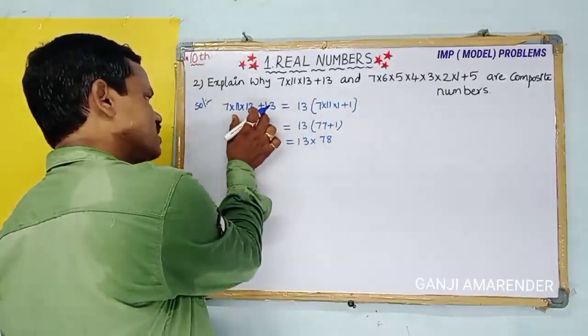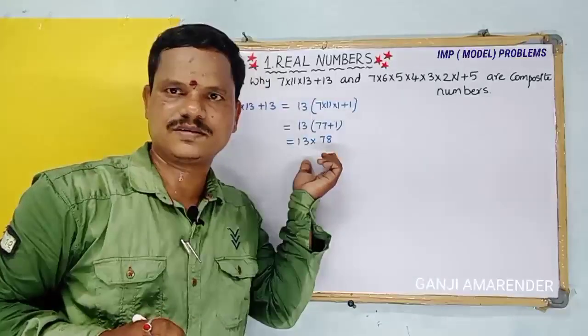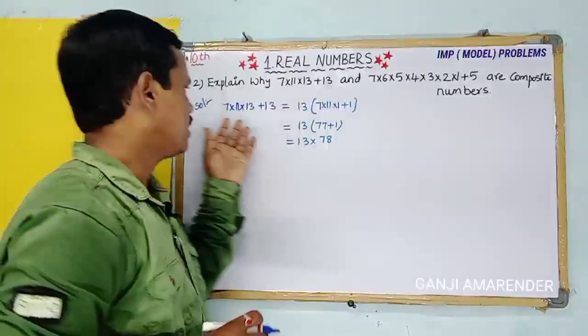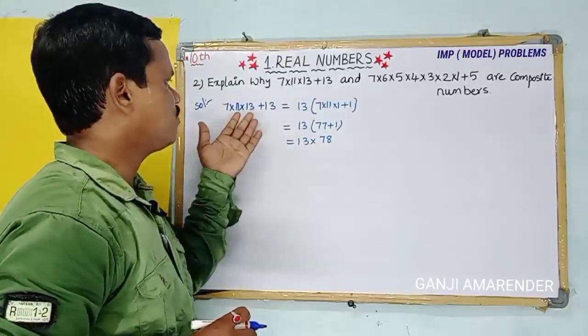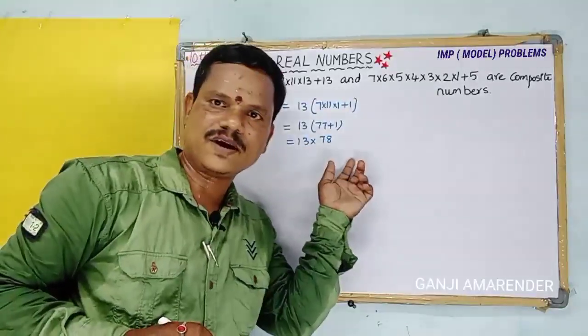So this number has more than 2 factors. Okay, here 7 into 11 into 13 plus 13 has 13 as a factor and 78 as a factor.